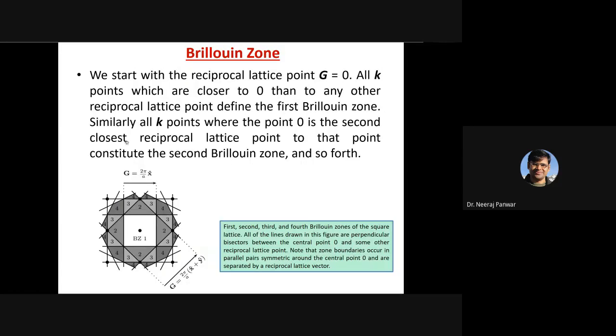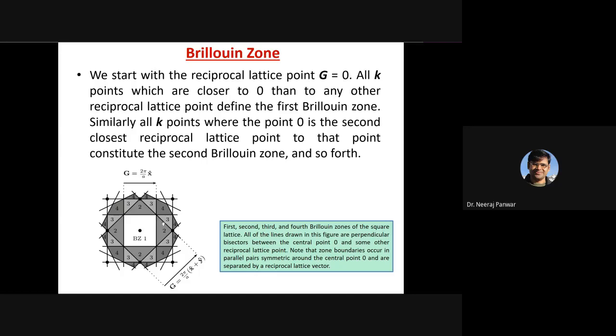All right. So this is again the picture of different Brillouin zones, and we start with the reciprocal lattice point equal to 0. All k points which are closer to this point than to any other reciprocal lattice point define the first Brillouin zone. So this area represented by the white square is the first Brillouin zone.